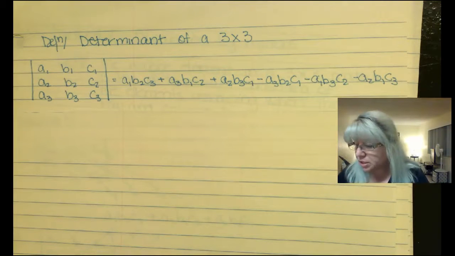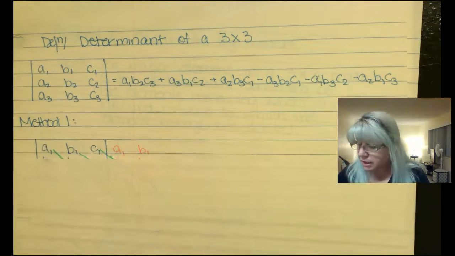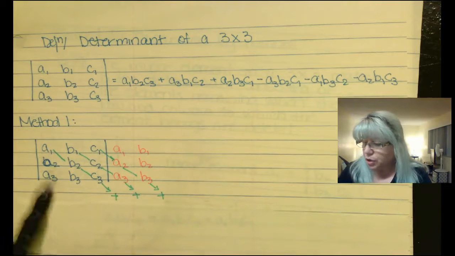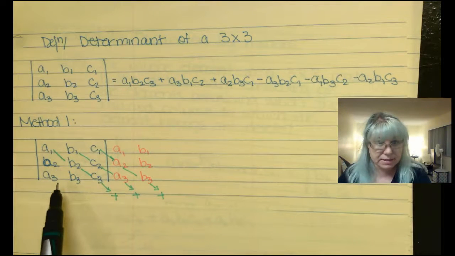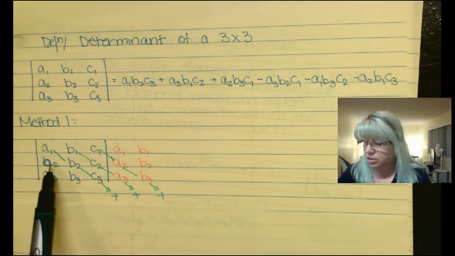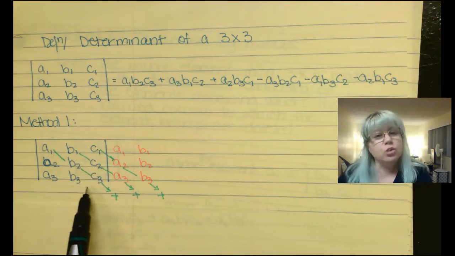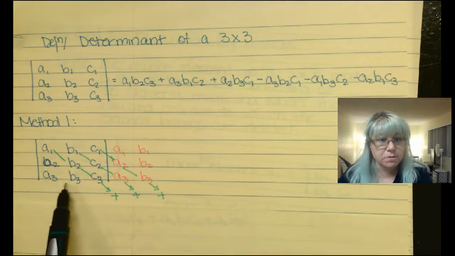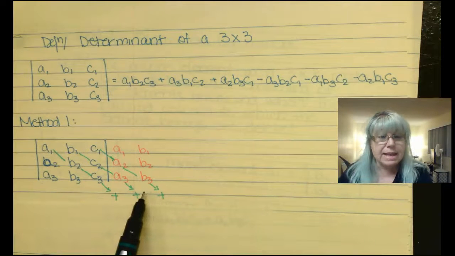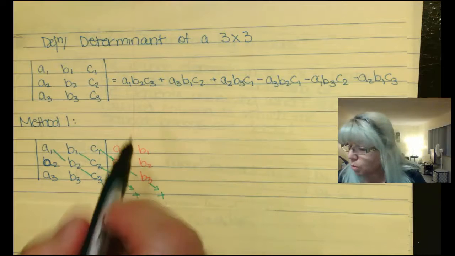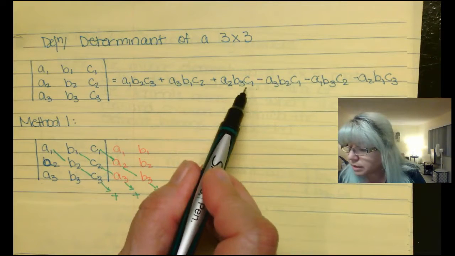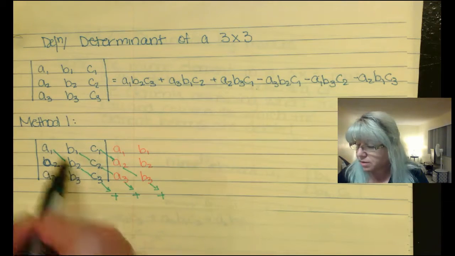Here's what you do. First method: you have the matrix, just generic A1, A2, A3, B1, B2, B3, C1, C2, C3, and you rewrite the first two columns over again. Now, this whole first part gives the new diagonals.